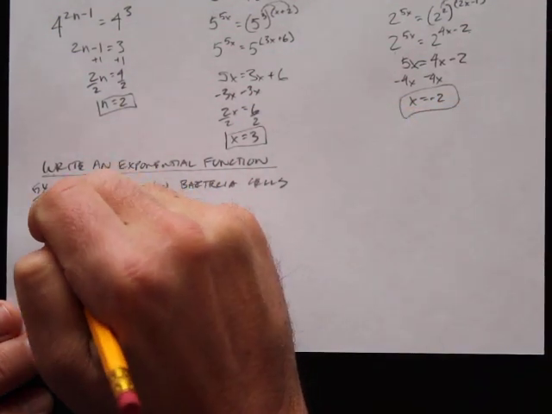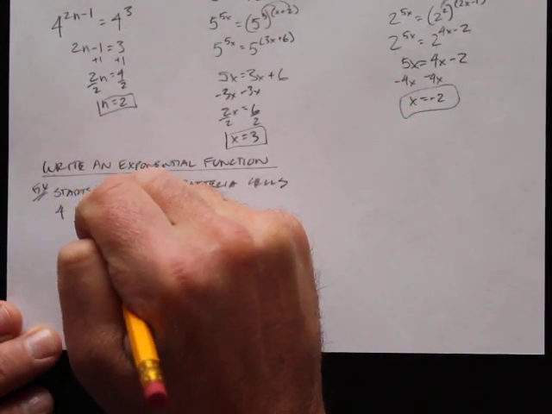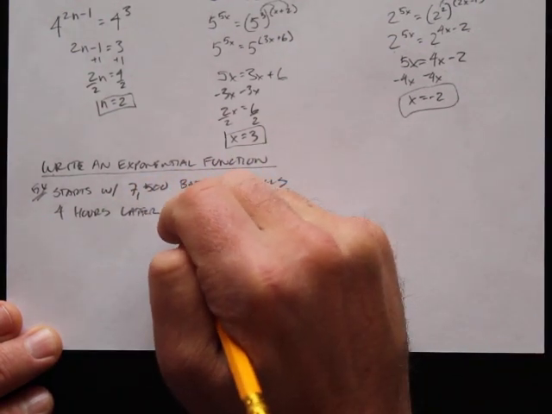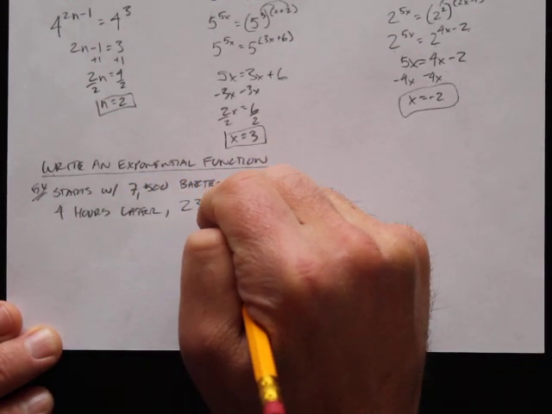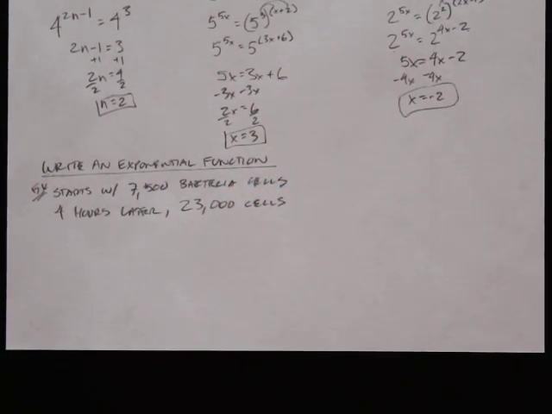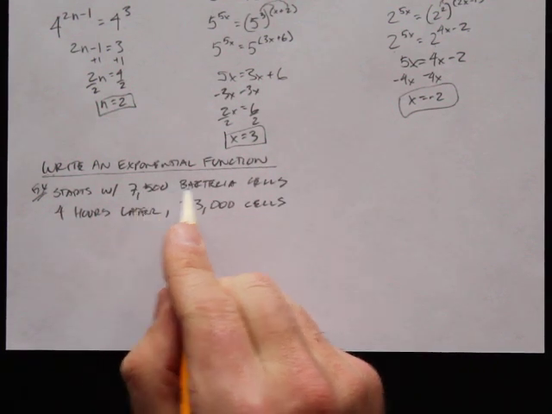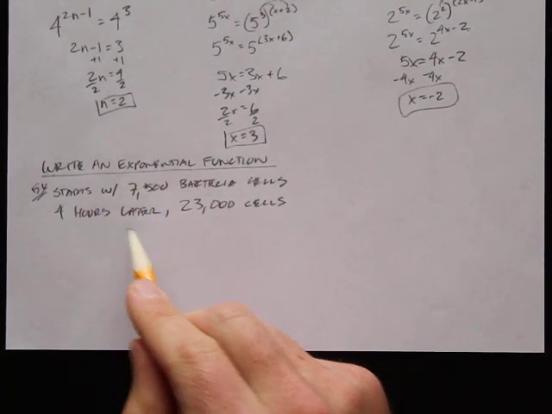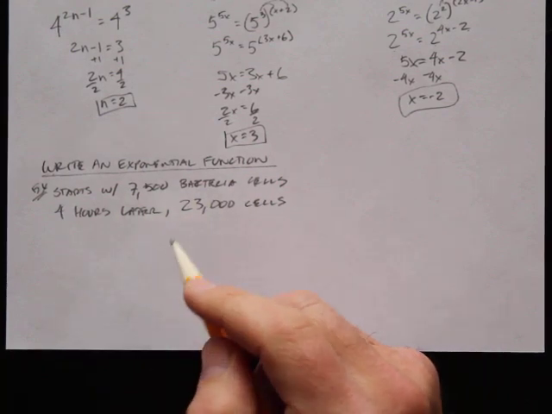Four hours later, we have 23,000 bacteria cells. What? In only 4 hours, we've gone from 7,500 to 23,000 cells? Crazy. Okay, here's what we're going to do. We're going to try to write this in exponential form.